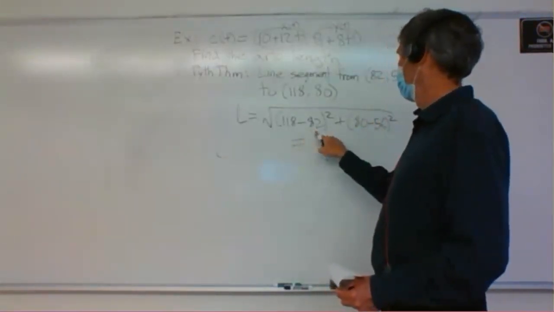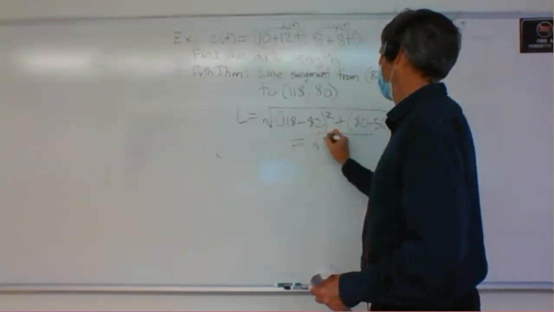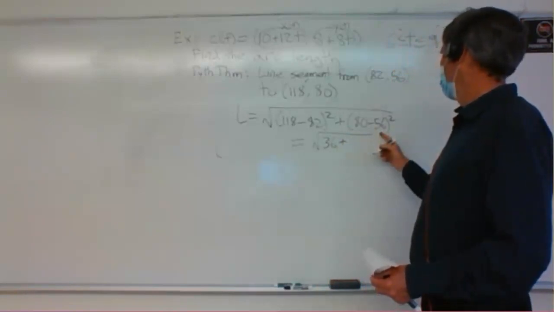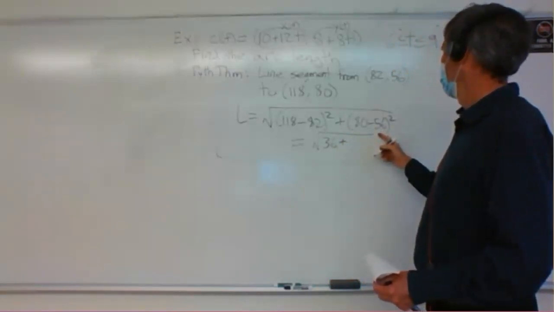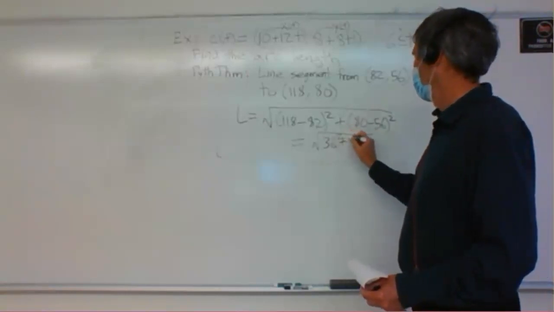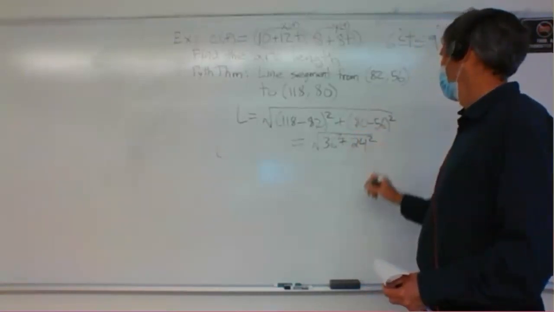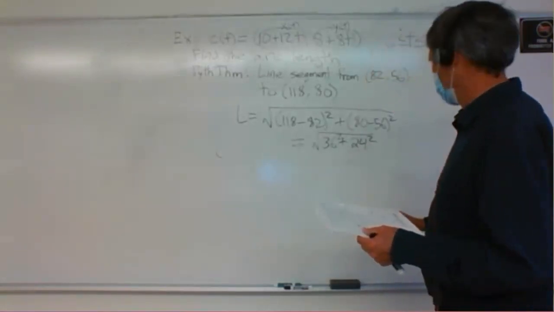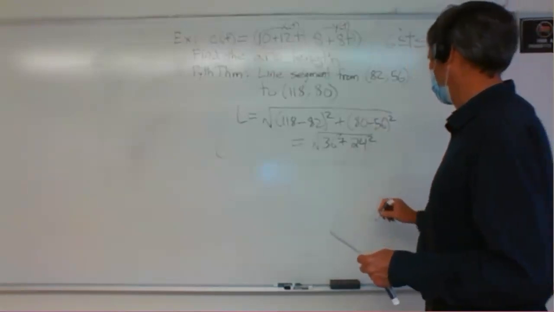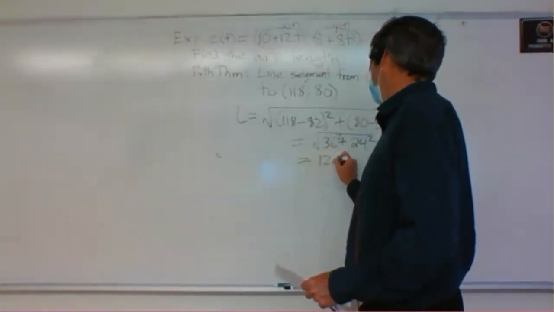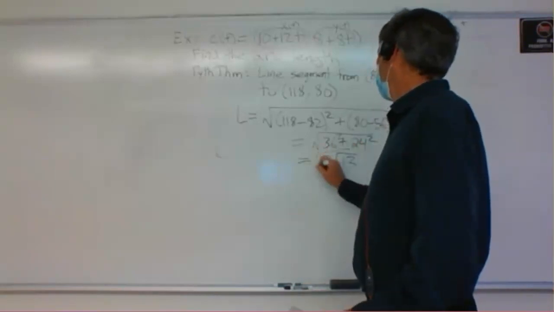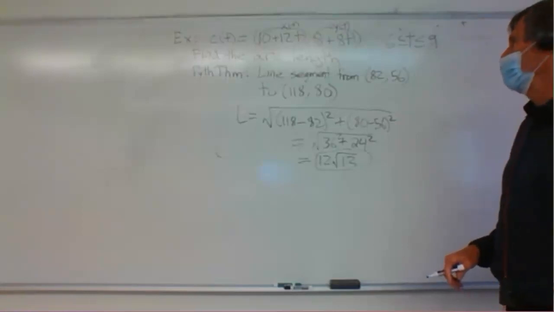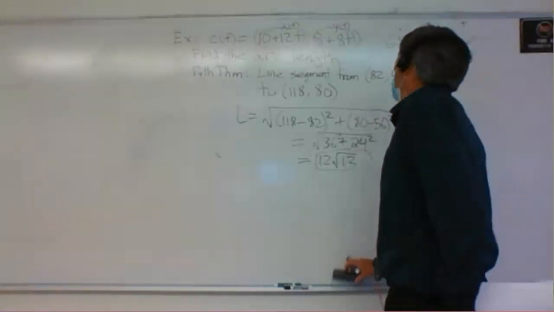Let's see, I get the square root of 36 squared plus 24 squared. Should come out to be 12 square root 13. Hopefully. Right. So there you can double check and see if we get that same number by our formula for this easy case.